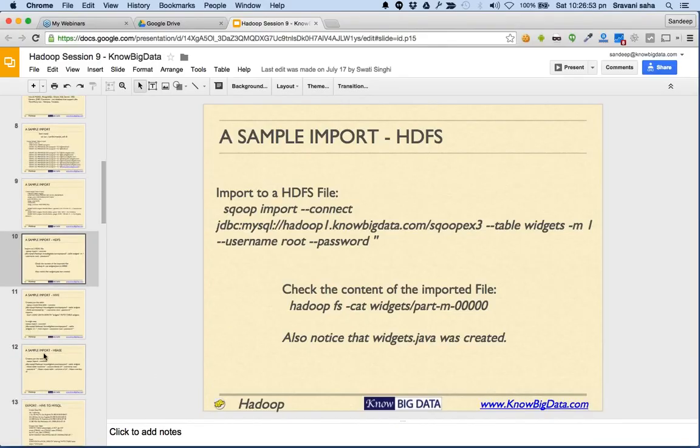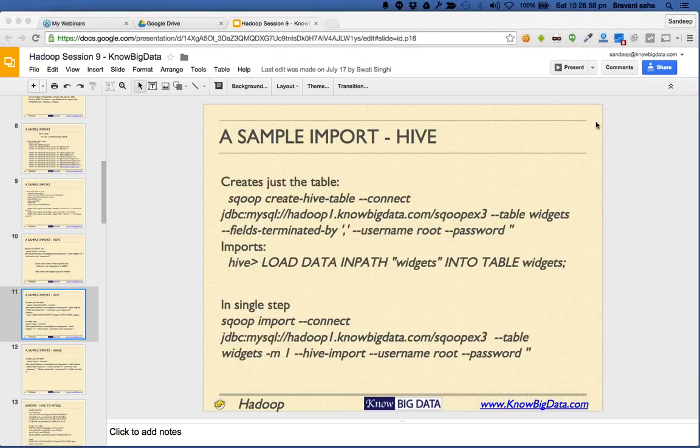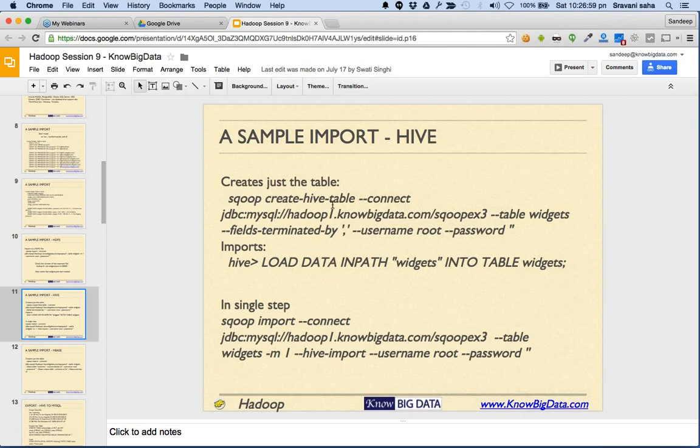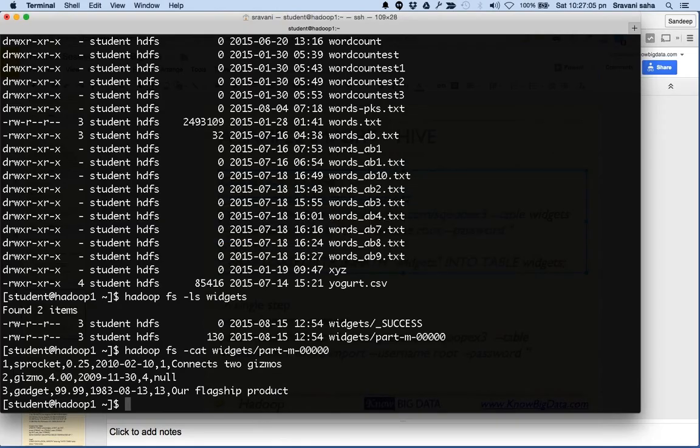Alright, now let's take another case. Let's say now you have got this nice table in MySQL. You want to create a hive table.